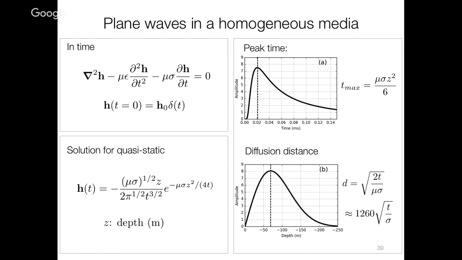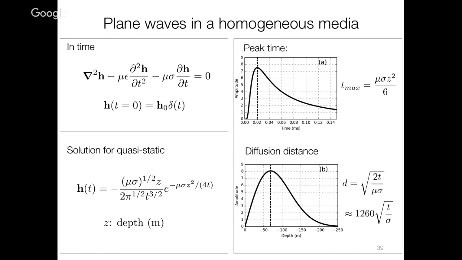The other way of looking at it is time after I've turned my transmitter off and I got this pulse that's going in. I can take a picture of the room. So now the magnetic field, so this is now depth, starting here to the end of the room.